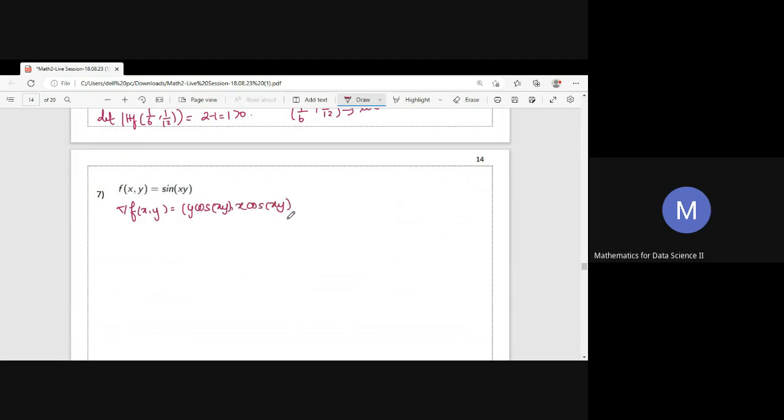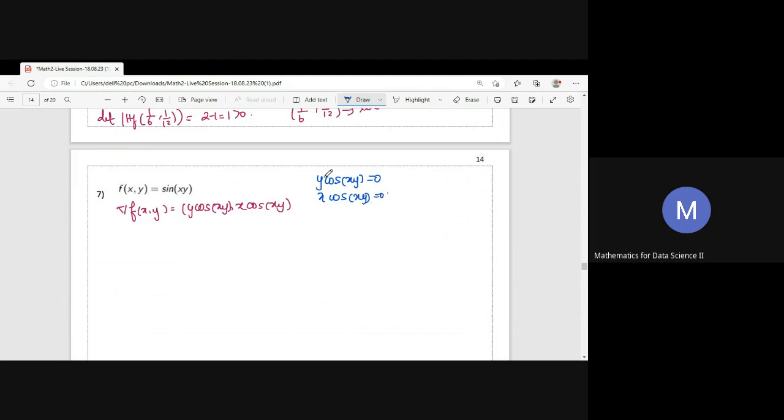So how do you find the critical points? You put y cos of xy equal to 0, and also you put x cos xy equal to 0.